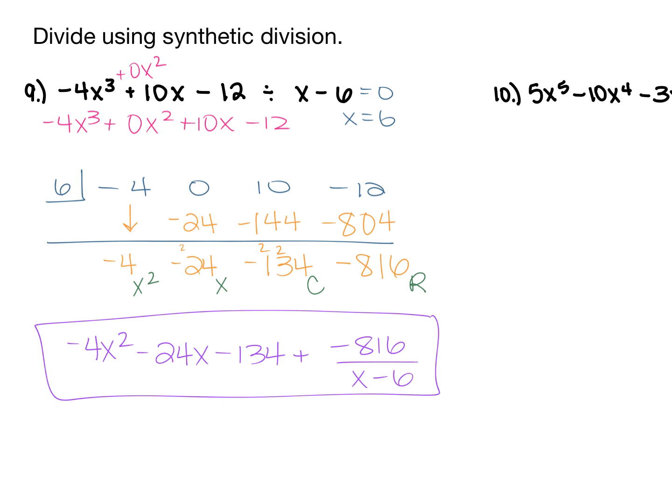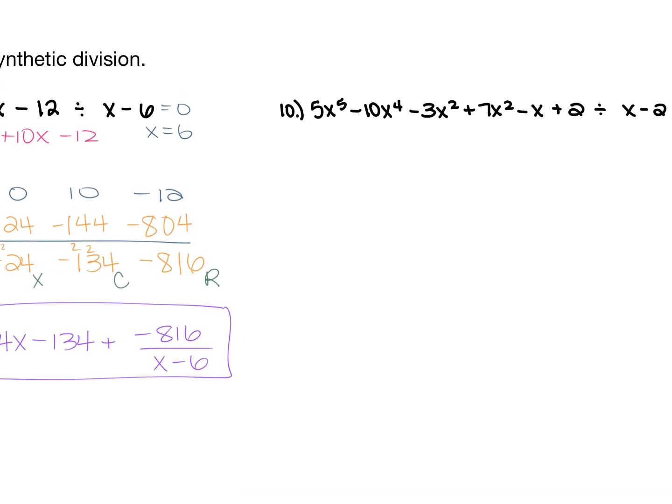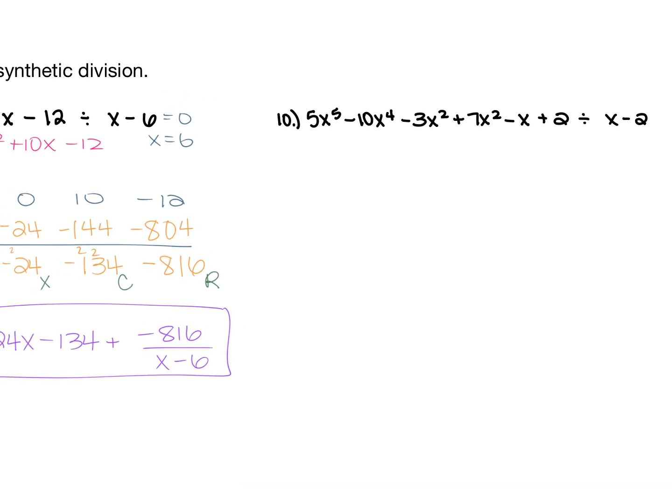For your last question, number 10, you have 5x to the 5th power minus 10x to the 4th power minus 3x squared plus 7x squared minus x plus 2 divided by x minus 2. Change the negative 3x squared to be negative 3x cubed. It should have been cubed.